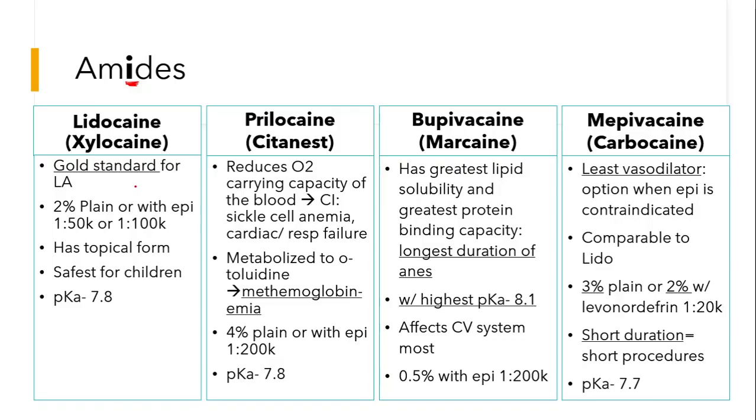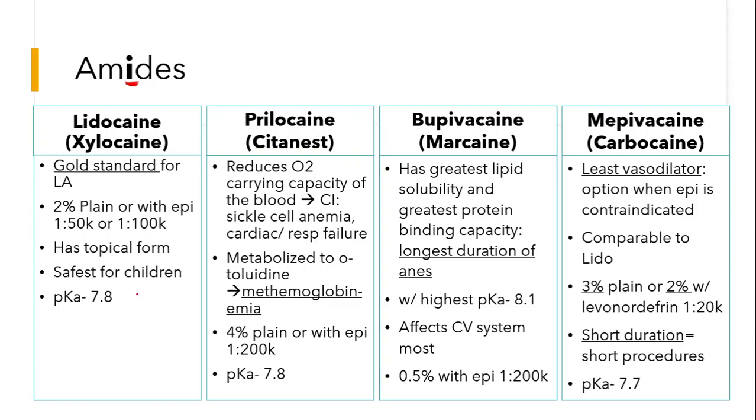Now, among these four, lidocaine is still the gold standard for local anesthetics. Okay? Lidocaine comes either as 2% plain or 2% with epinephrine. 2% lidocaine with epinephrine, either 1:50,000 epinephrine or 1:100,000 epinephrine. Okay? Lidocaine has a topical form.